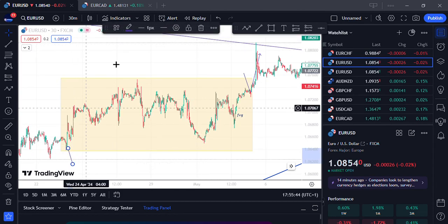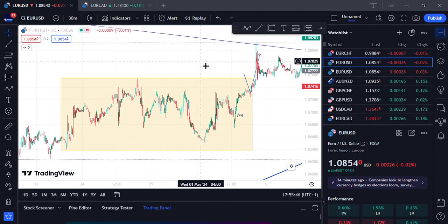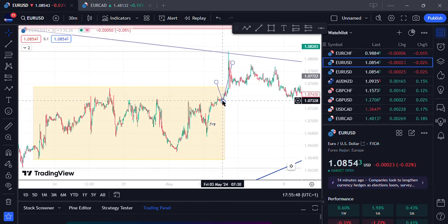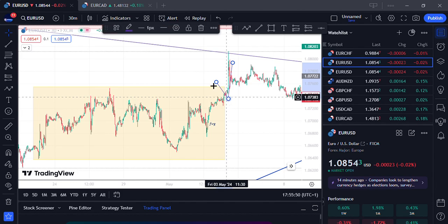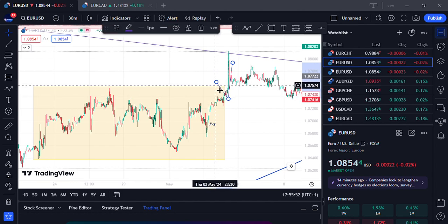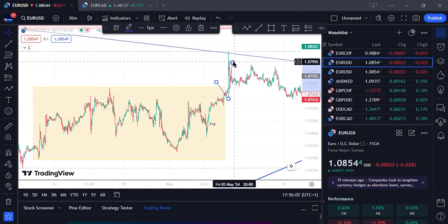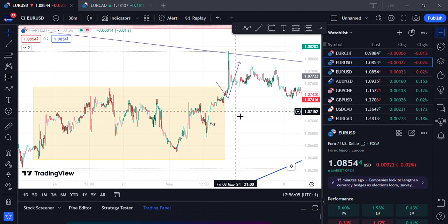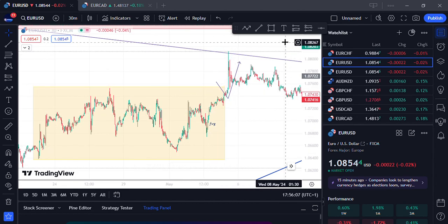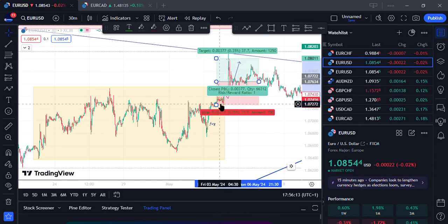Now, the second way to trade the ranging market is to wait for a breakout. When market breaks above the zone, or below the ranging zone for a sell, all right? When the ranging period is over, then you want to enter the market. So it's like you're setting a buy stop here, like this, all right?